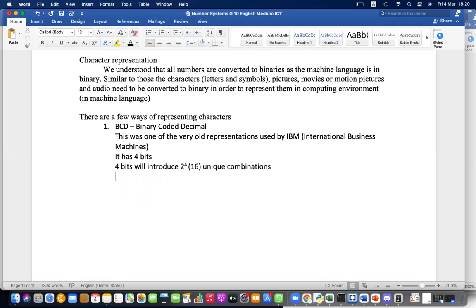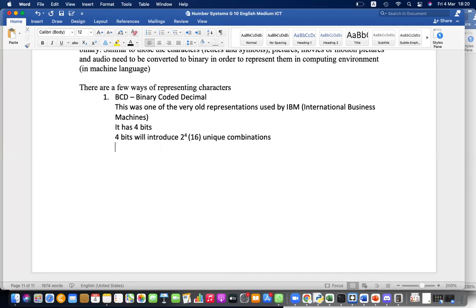Actually, all combinations are not used. This can be used to represent numbers only, because 16 is not enough to represent letters.